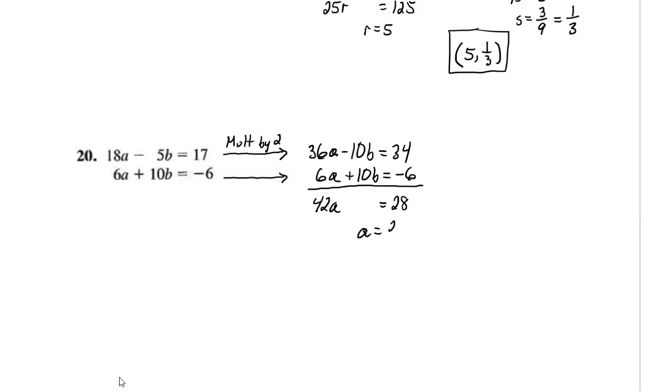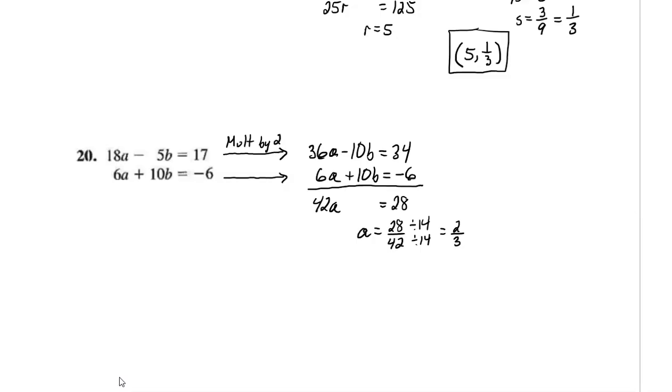Divide both sides by 42, creating 28 over 42, which reduces. Top and bottom both divide by 14. And this makes 2/3. Now that we know the answer for one variable, use substitution to get the other variable.